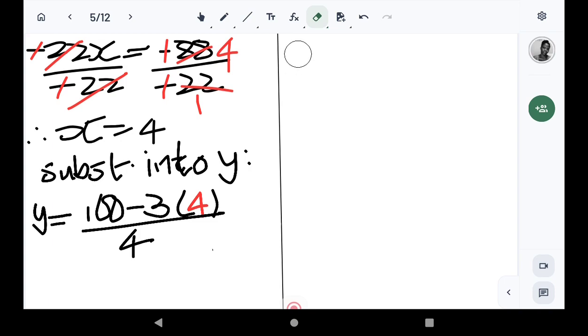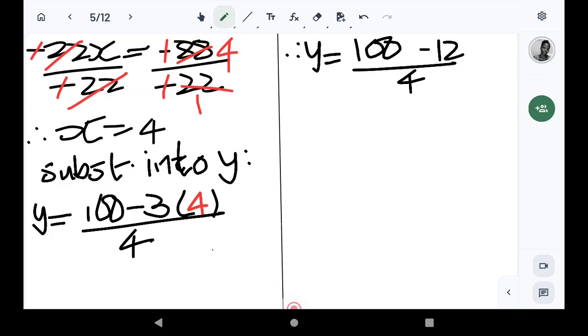Therefore y equals to 100 minus 3 times 4, that is 12, all over 4. 100 minus 12, that is equals to 88. So 88 over 4, that is equals to 22. And that is your answer there.